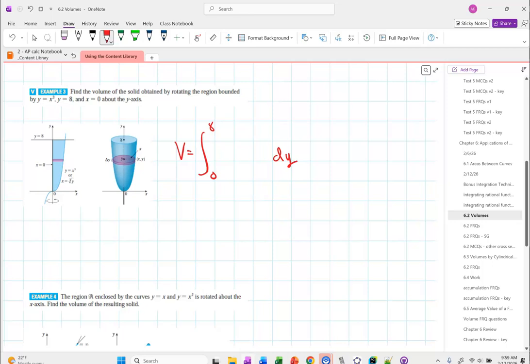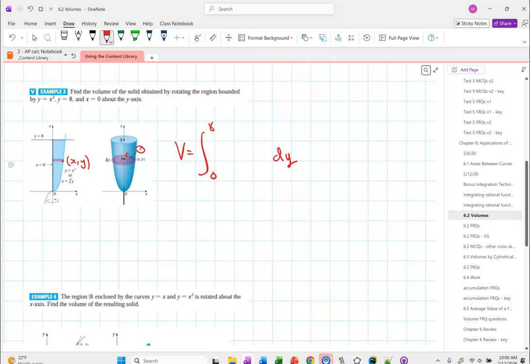Now notice here, this is the point x, y. Now, our radius here is an x-coordinate.